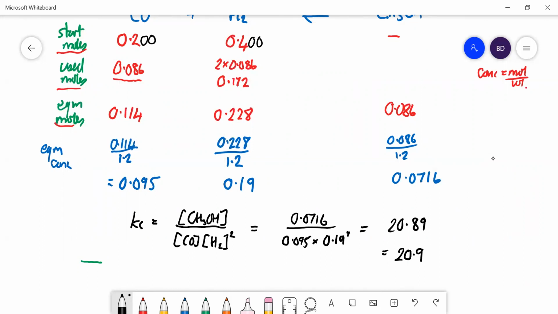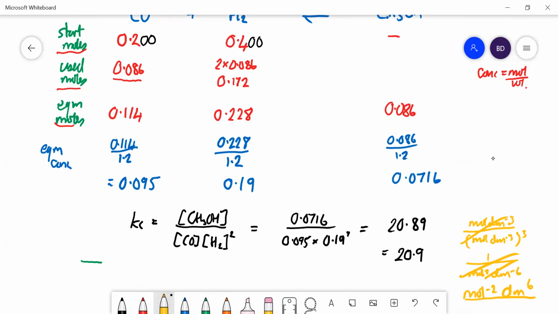We're going to have mole per decimeter cubed on the top, divided by mole per decimeter cubed to the power of 3 on the bottom. So that's equal to 1 over mole squared dm to the minus 6, which is mole to the minus 2 dm to the plus 6. Okay, that's the units.